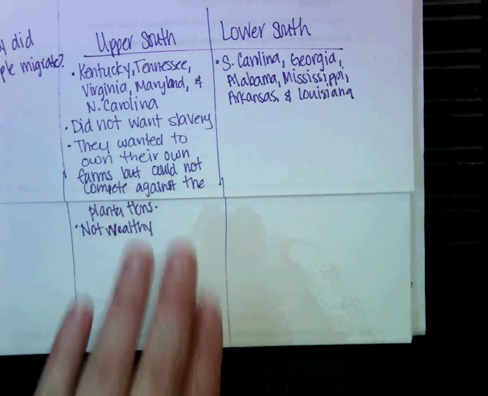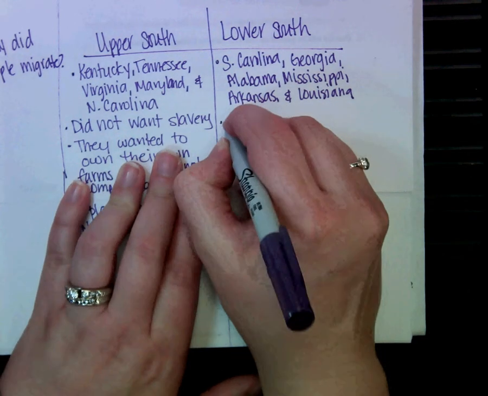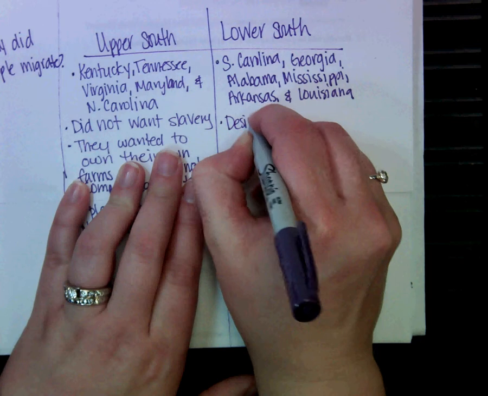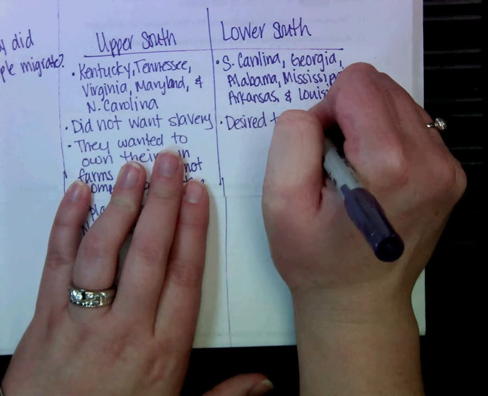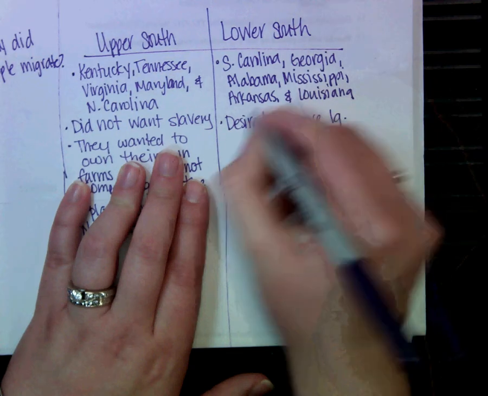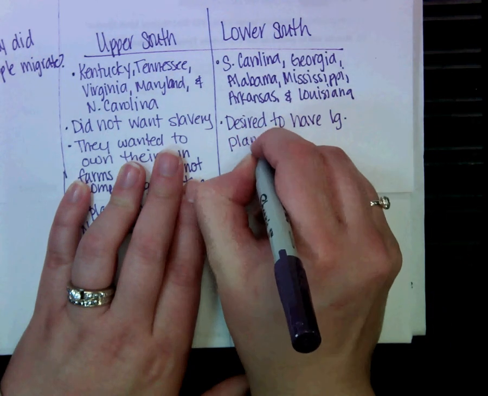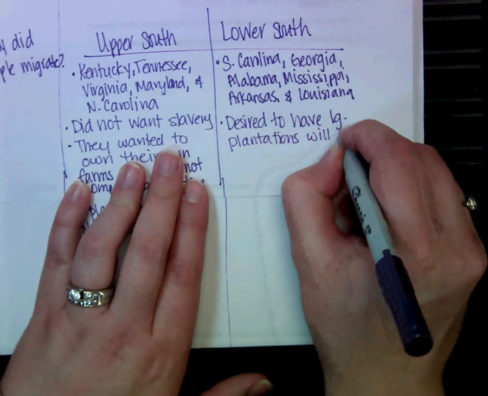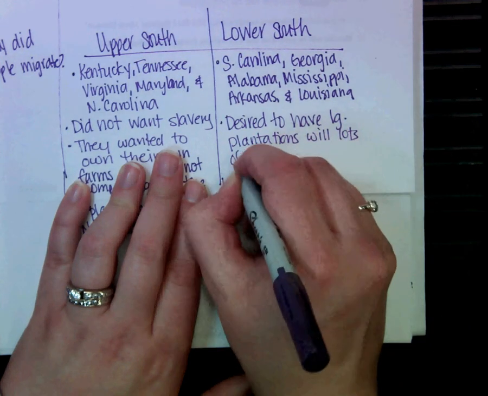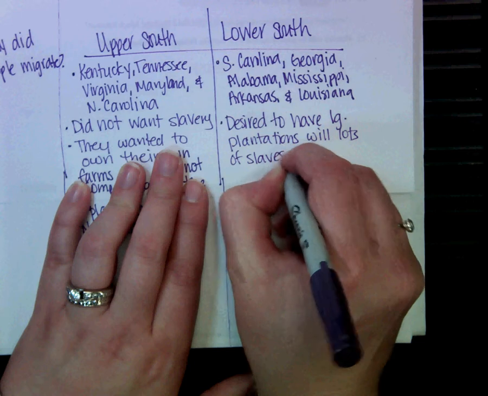So the Lower South desired to have large plantations with lots of slaves.